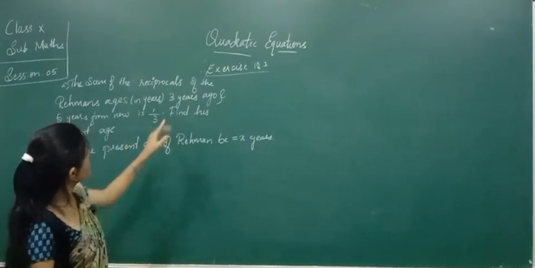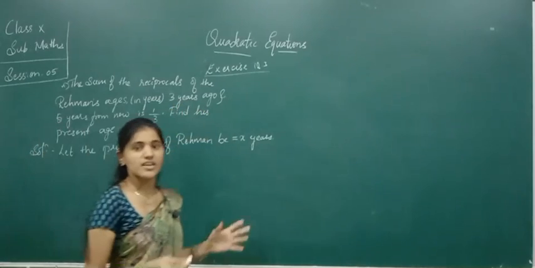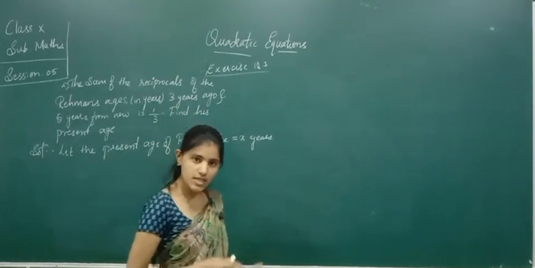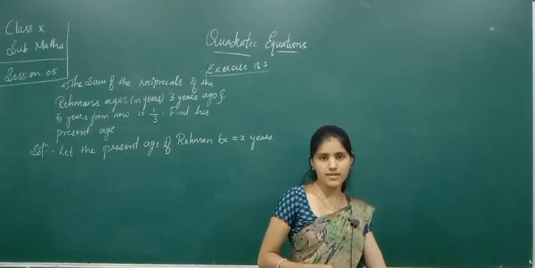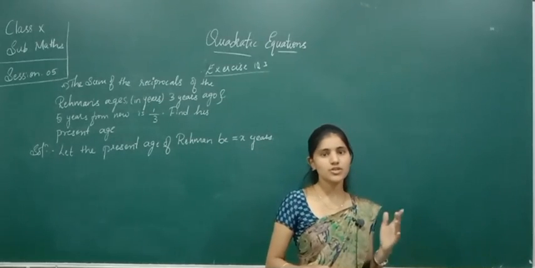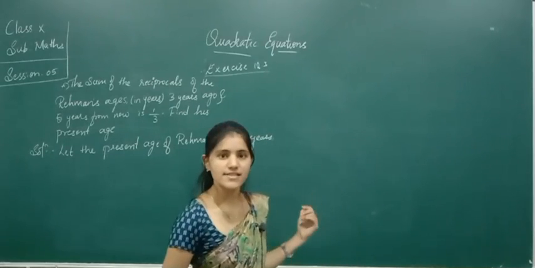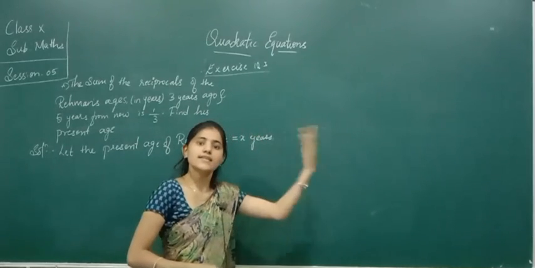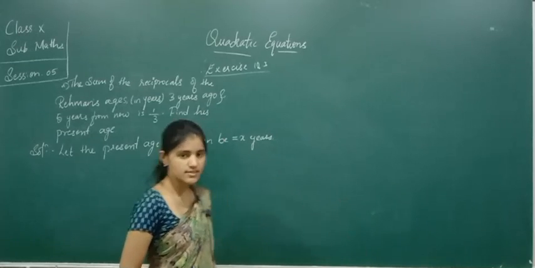What they have given, 3 years ago means 3 years back. If he is of 10 years old, 3 years back means we are going to subtract 3 years, no? 10 minus 3 is going to be what? 7 years. Like that, we have considered x years. 3 years back, how old he was? X minus 3 years.